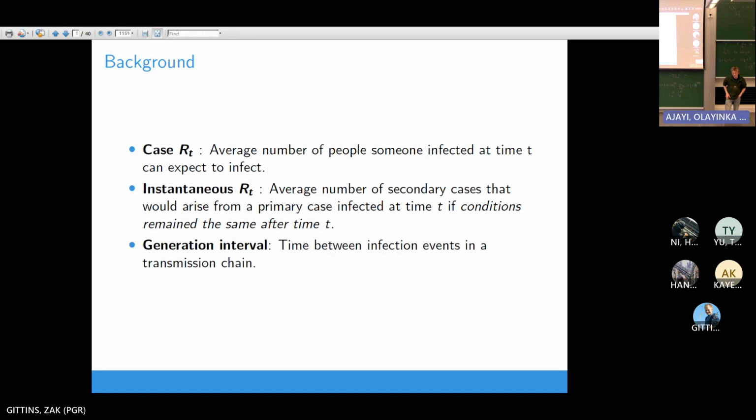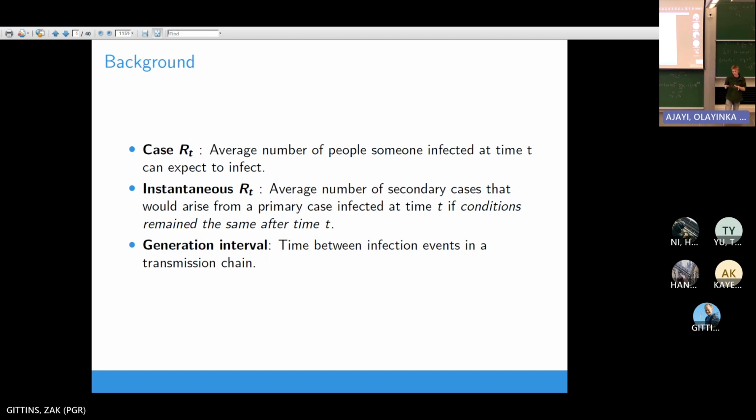The other thing is the generation interval. This is the time between infection events in a transmission chain. So if I get infected today and I infect you tomorrow, then the generation interval is 1 day. And like I said, we're going to be focusing in this talk on the instantaneous reproduction number. The other thing to say is that all these definitions have an analogous definition, particularly the generation interval.